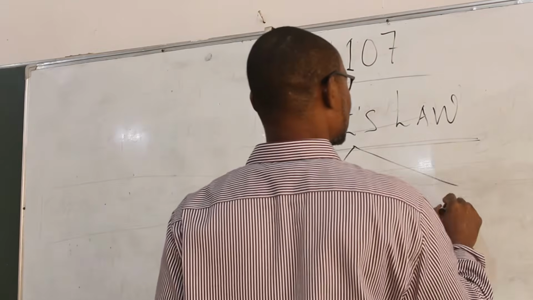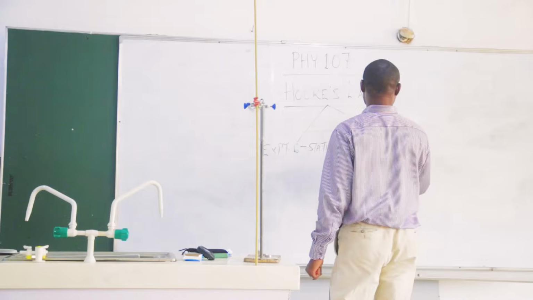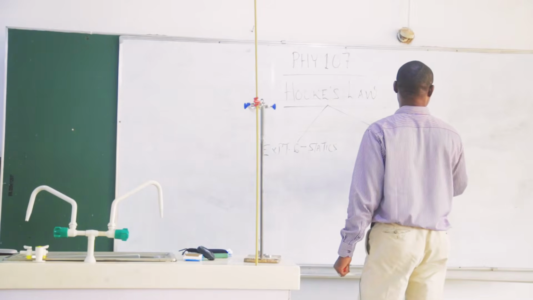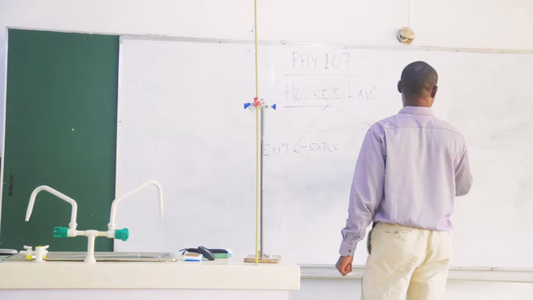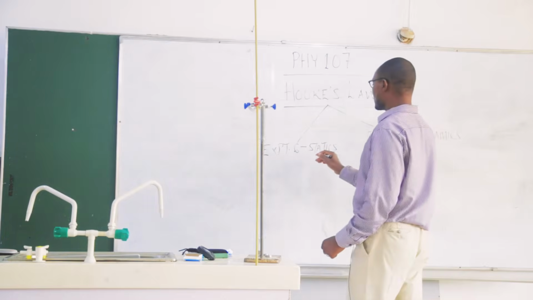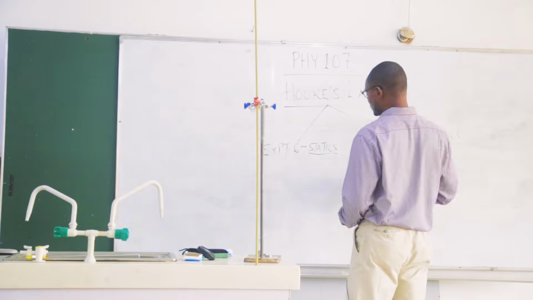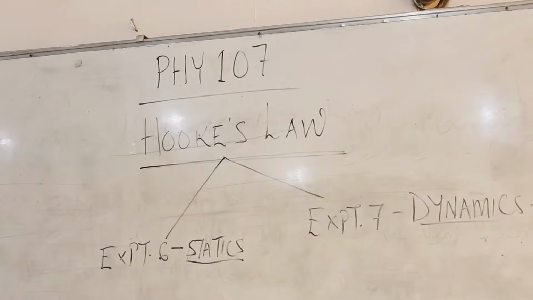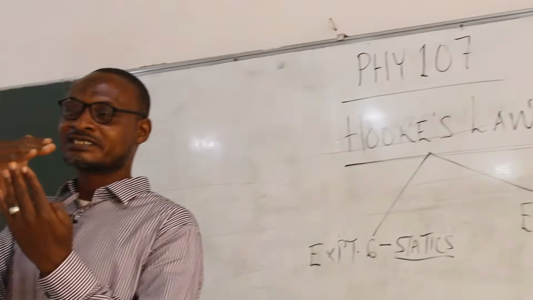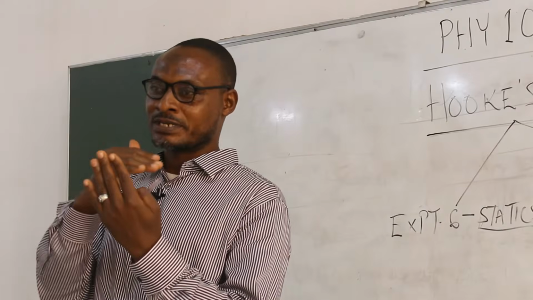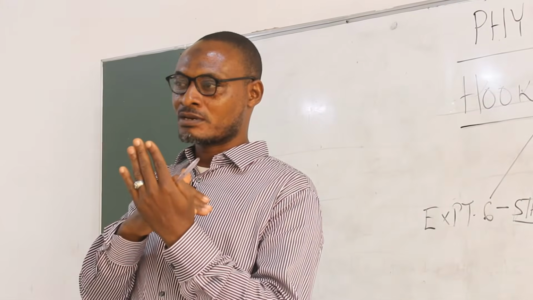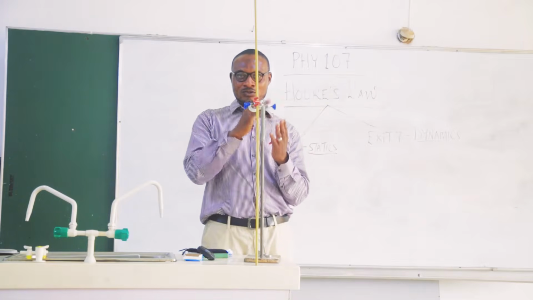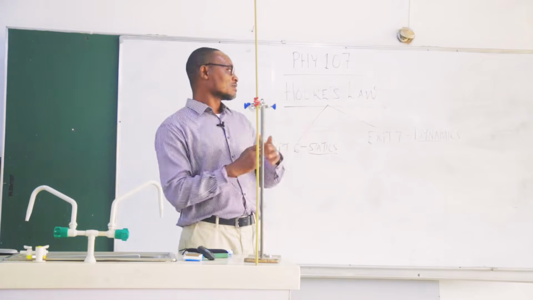And the second part is going to be experiment 7, which is Hooke's law dynamics. Based on statics and dynamics, for experiment 6, we are only going to look at the extension that's going to be caused on the spiral spring without setting the spiral spring on oscillation.